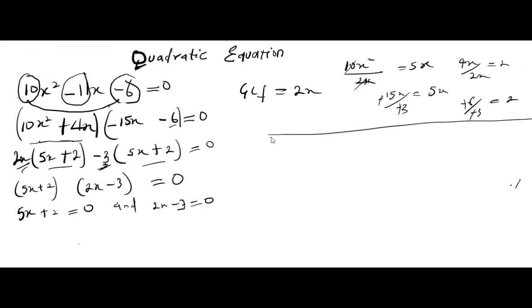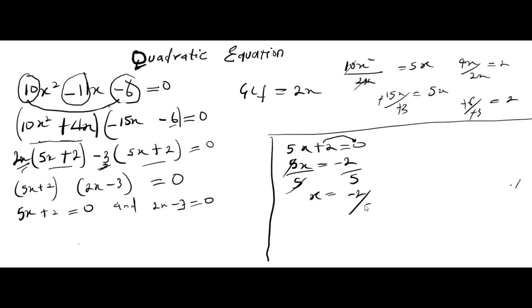So let's use this side. 5x plus 2 equals 0. Here we have positive 2. When it crosses the equality sign, it changes to -2. So you have 5x equals -2. To solve for x, we divide both sides by 5. 5 will cancel 5, and our x equals -2 over 5.